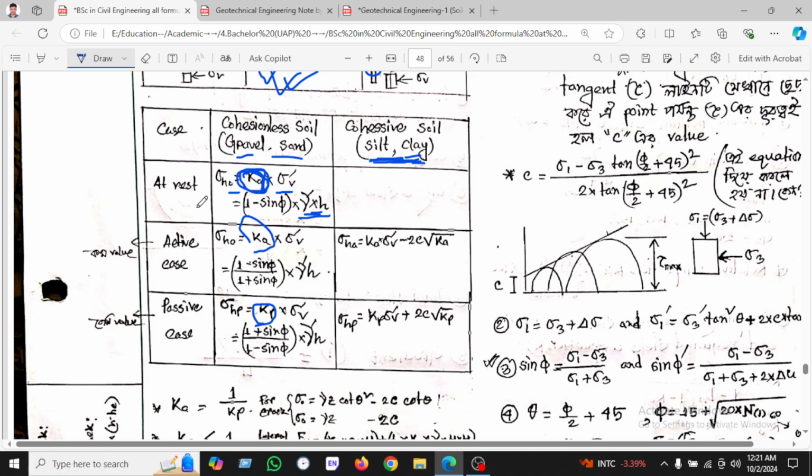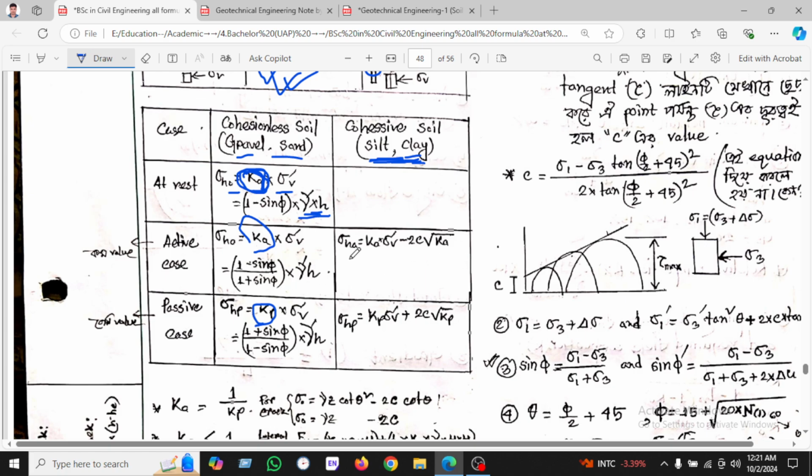So we can see at rest condition, sigma h equals K0 times gamma prime z, where K0 equals 1 minus sin phi. In the active case, the formula will be K into gamma prime z, where K equals (1 minus sin phi) divided by (1 plus sin phi).